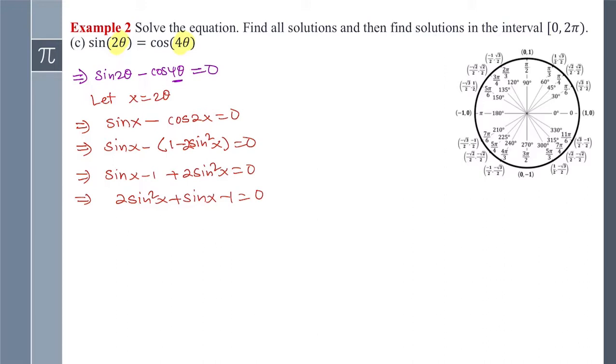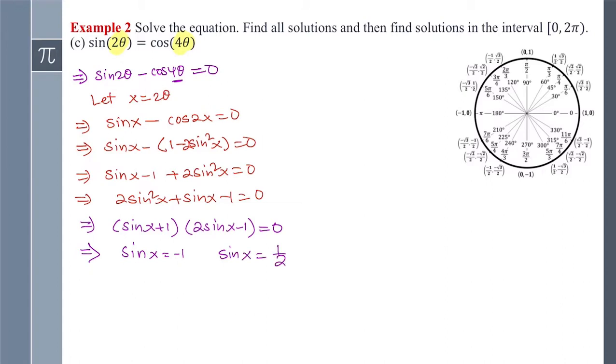Again, this is a quadratic equation, which means we can go ahead and factor this. So the factors are sine x plus 1 times 2 sine x minus 1 equals 0. From the first one, we get sine x equals -1, and from the second one, we get sine x equals 1/2.